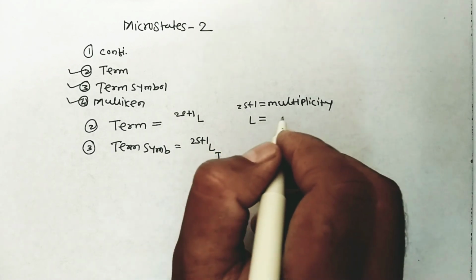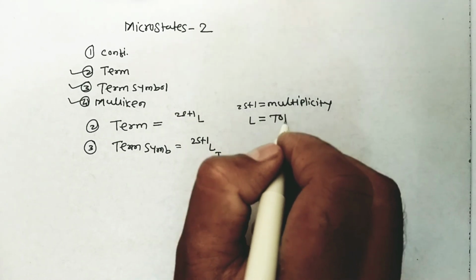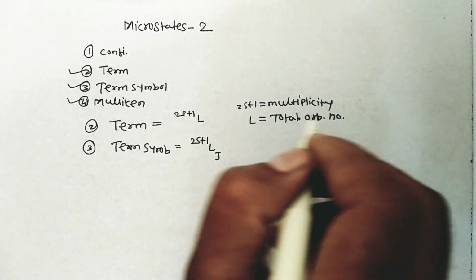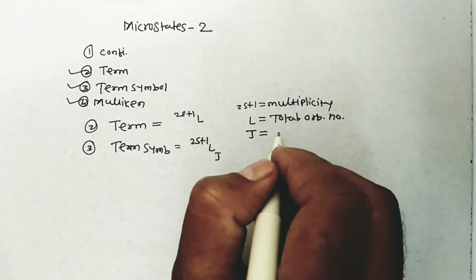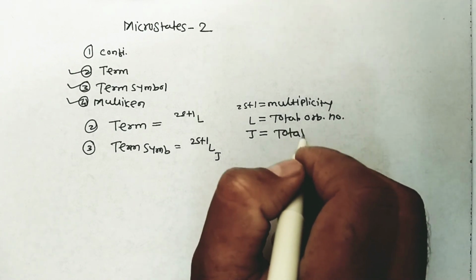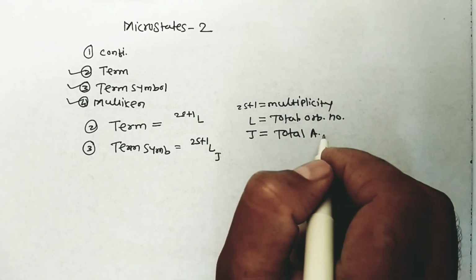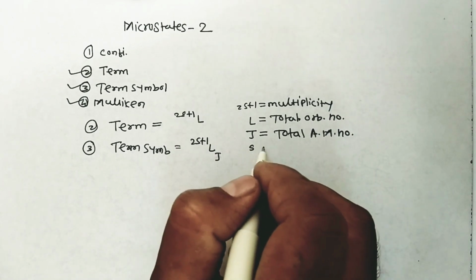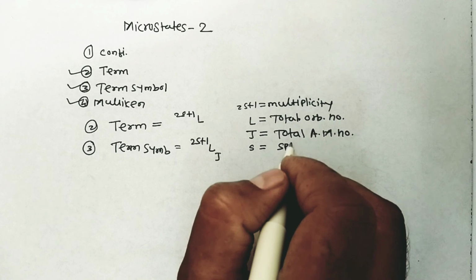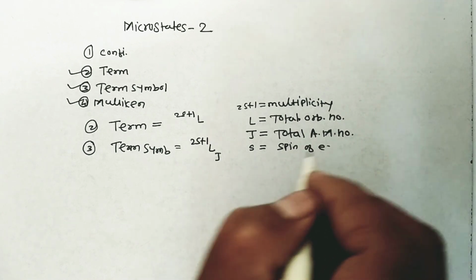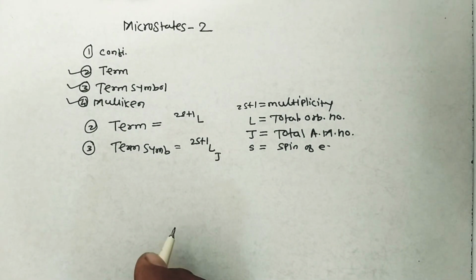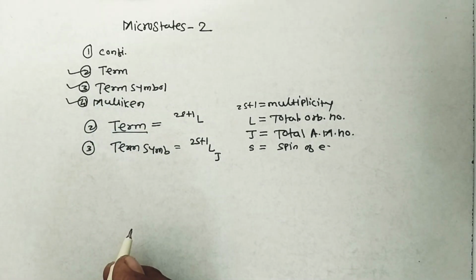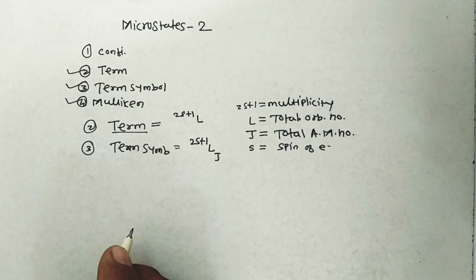L is the total orbital number, J is the total angular momentum number, and small s is the spin of electron. So first we see, when the term is given, how to calculate the number of microstates.